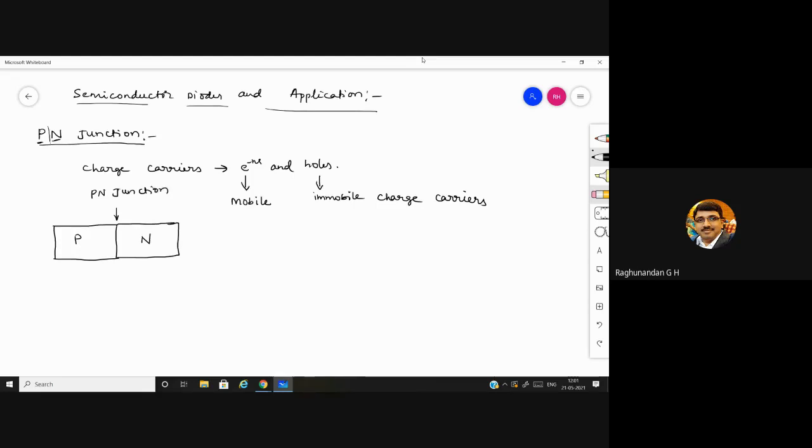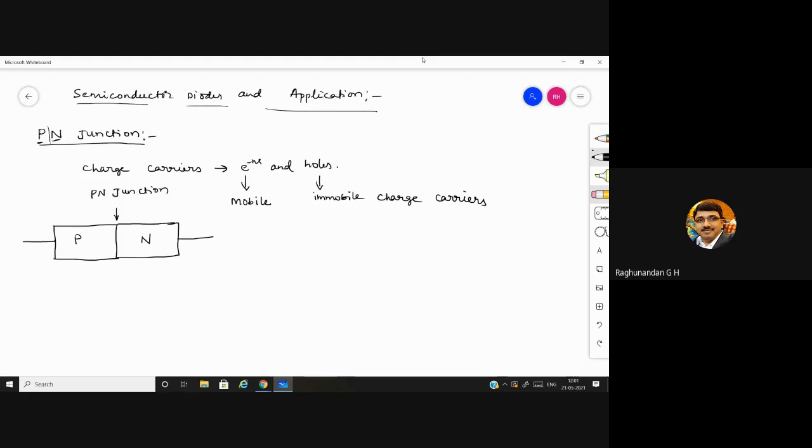Only this PN junction itself is not a diode. As of now, it is still not a diode. When you connect metallic leads, which might be copper or any other metal, it becomes a diode. A diode is a two terminal device.